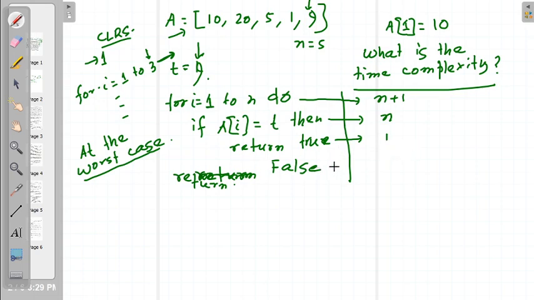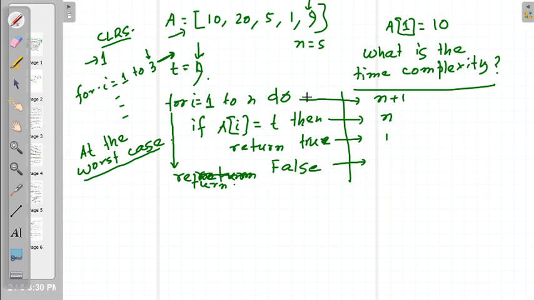Return false, how many times? So return false is in this. Whenever I am coming out of this, then return false. Okay, this is not with this if. If is this, and then return true. Otherwise, it is not coming out of this for loop.